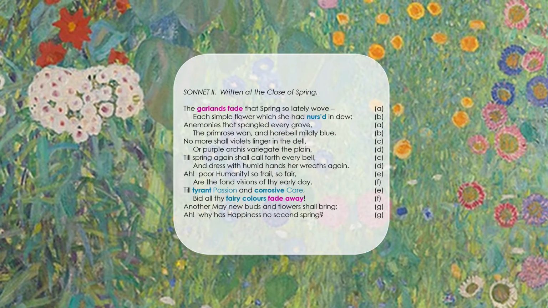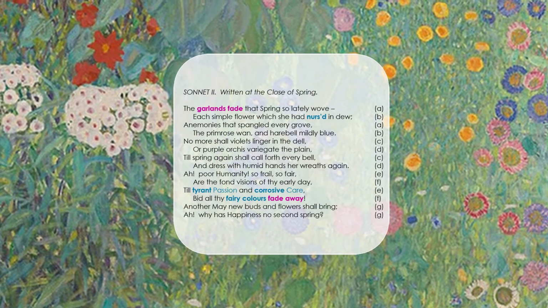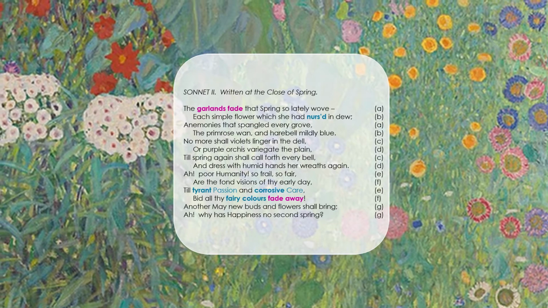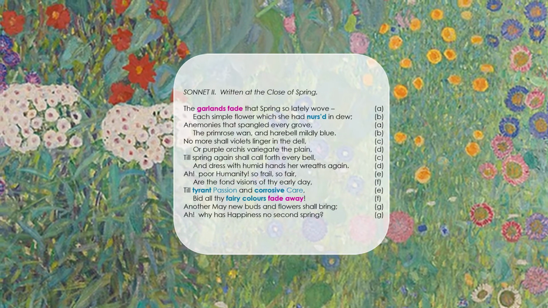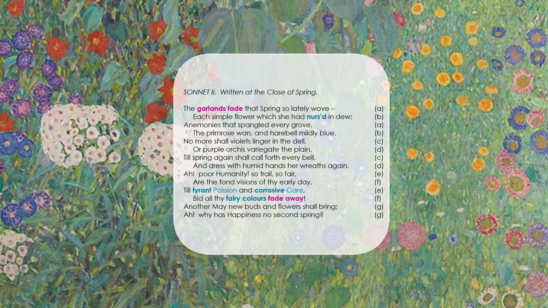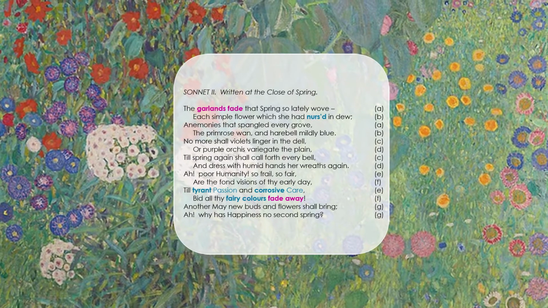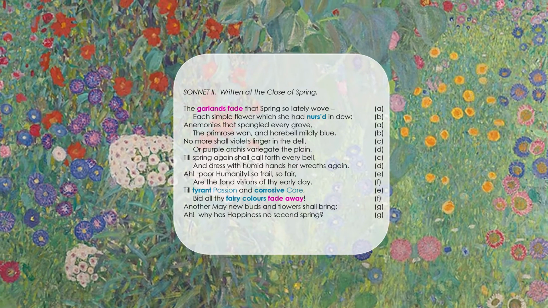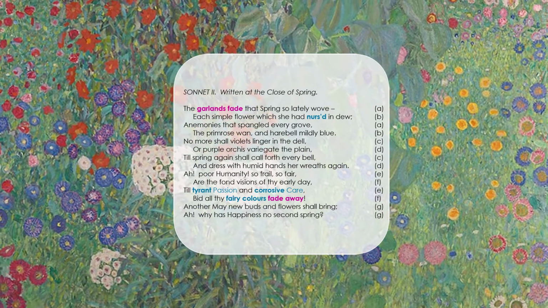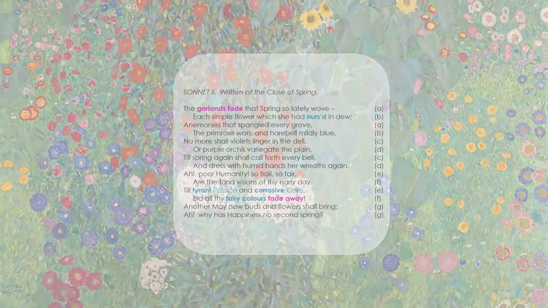But that's just part of the natural process, and next year they will come again. In the sestet, however, when that is associated with humanity, they're not flowers, they're fairy colours, they're kind of impish and ethereal, and it's the suggestion that what's obtainable for spring and for nature is kind of ungraspable, unreal, isn't possible for humanity. They're only fairy colours, they're not real colours.